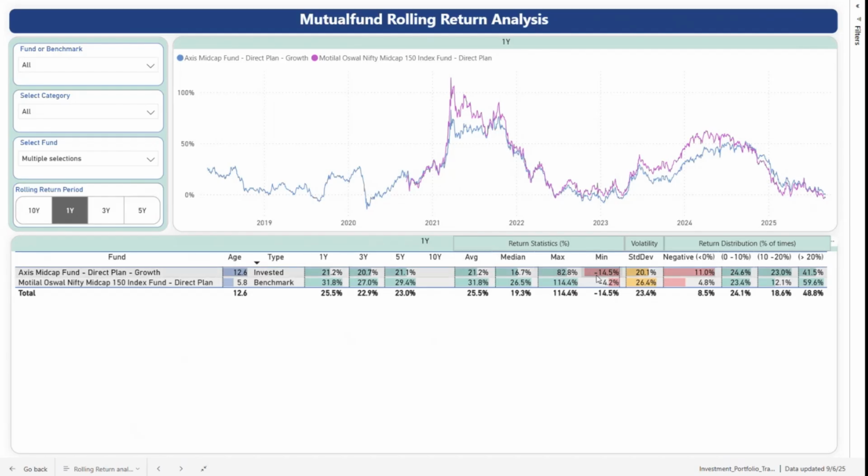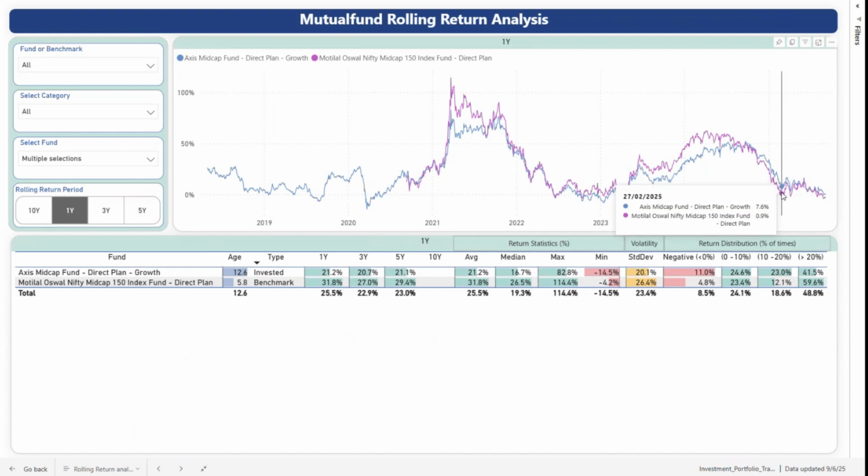These are all okay, but I would generally prefer the standard deviation. What it is trying to tell you is how volatile the returns were. See, Nifty Midcap 150, even though it is outperforming, at some point of time goes underperforming against Axis Midcap.